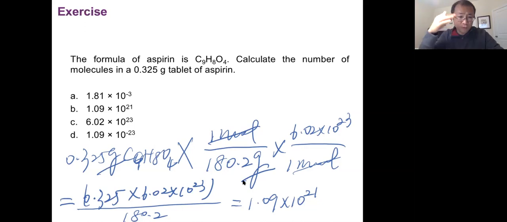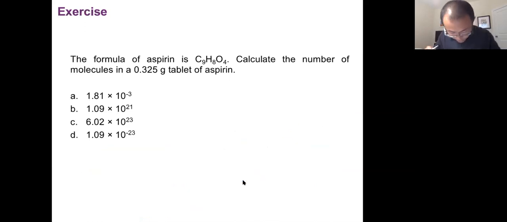By the way, guys, if you want a trick for the calculation, only use these three numbers, not the exponent. Leave the 10 to the 23rd behind. Sorry, shoot. How do I get it back?